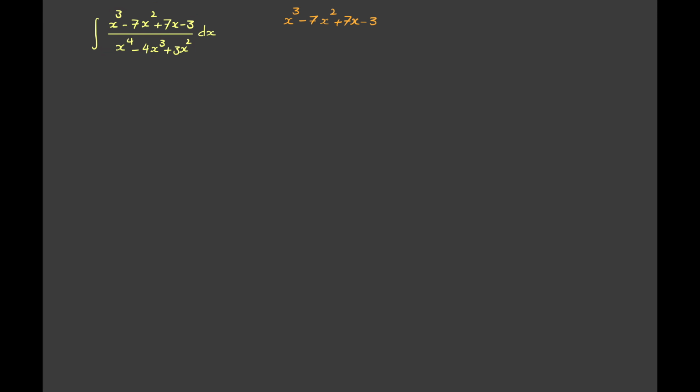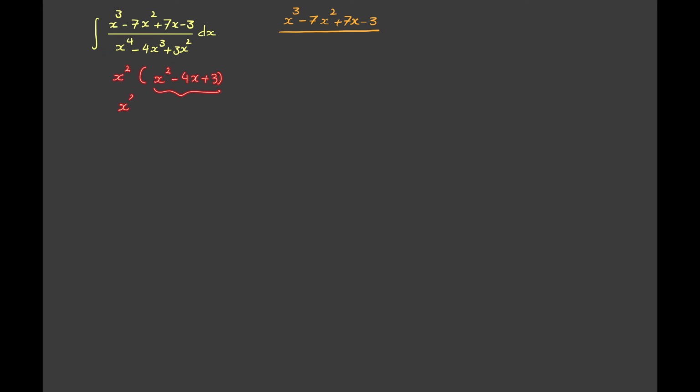Okay, to do that, I want to factorize the polynomial in the denominator. The factorization is actually quite simple. You see that between these three, I can factor x squared out. Then I have x squared minus 4x plus 3. But this can also be factorized one step more.